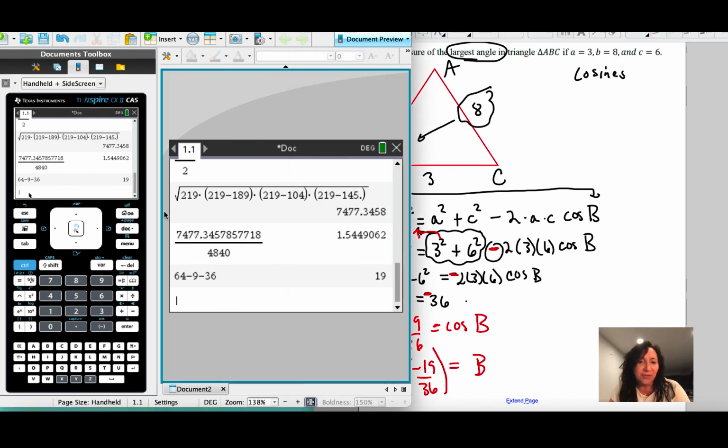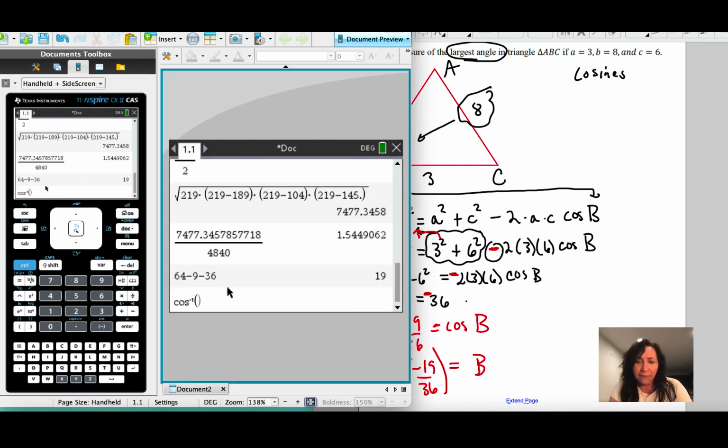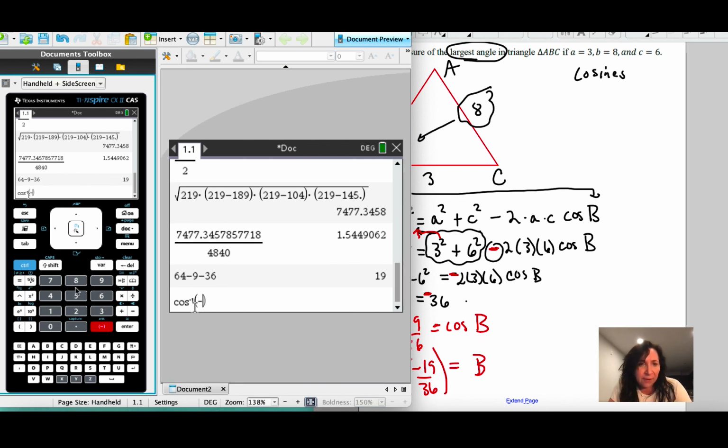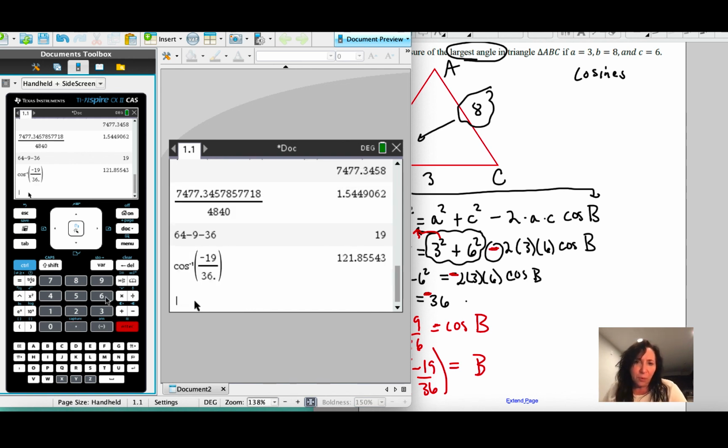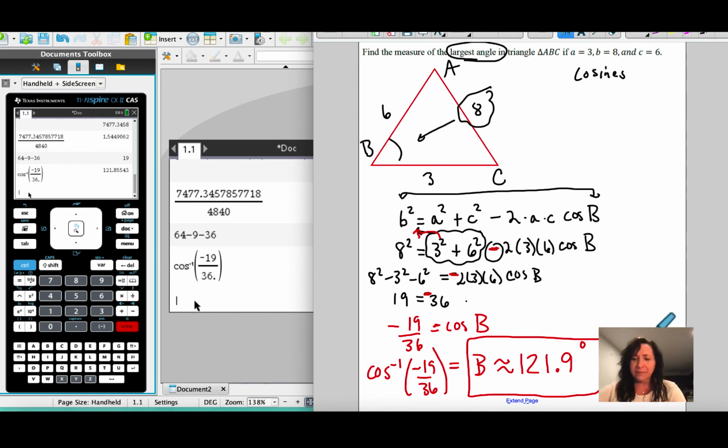Arc cosine of negative 19 divided by 36. I'm going to use a decimal point. Enter. I get 121.9. So that means angle B is about 121.9. I'm an angle, so it's degrees. All right, right on. Good.